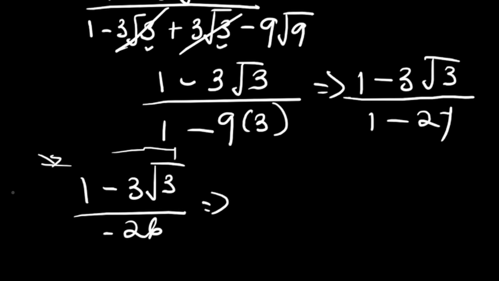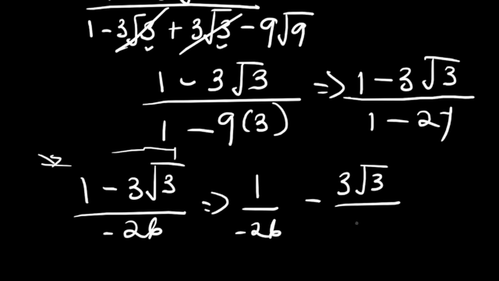Okay, so we can now break them apart since they have a common denominator. And this is now going to be 1, okay, over negative 26, and then minus 3 root of 3 over minus 26. Okay, because they have a common denominator, so we can easily break them apart.